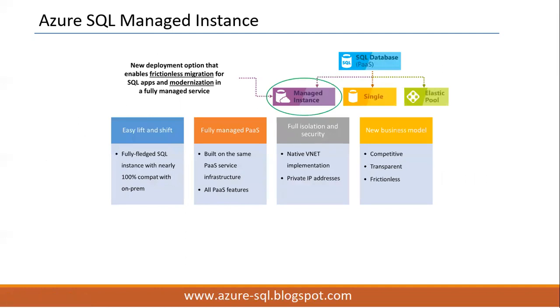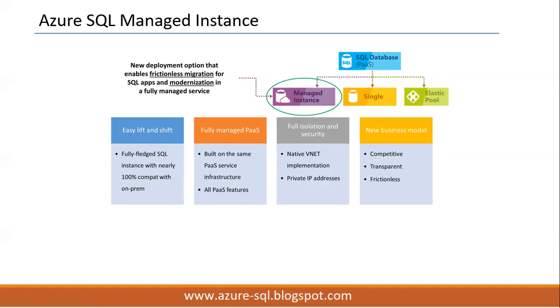We just have to understand the major differences between managed instance and Azure SQL VM. In PaaS, remember, managed instance is an instance-level service, whereas SQL DB is also there.